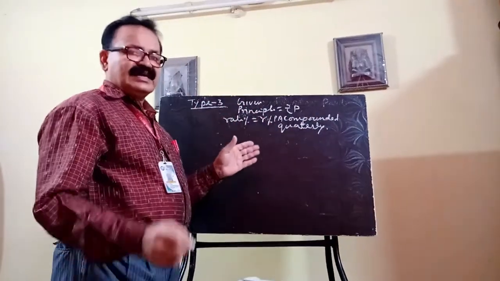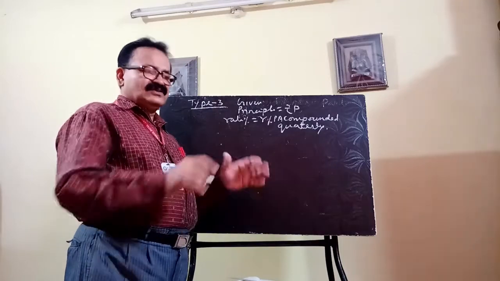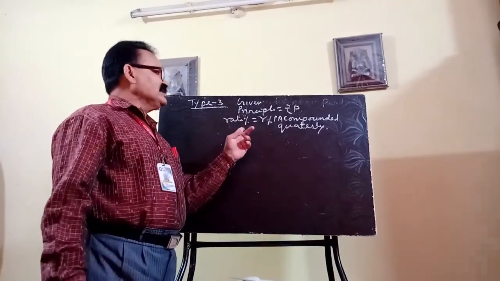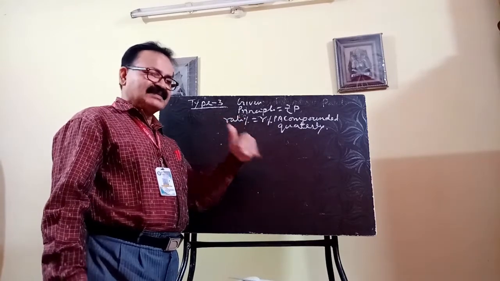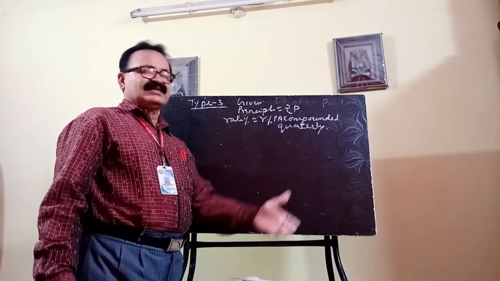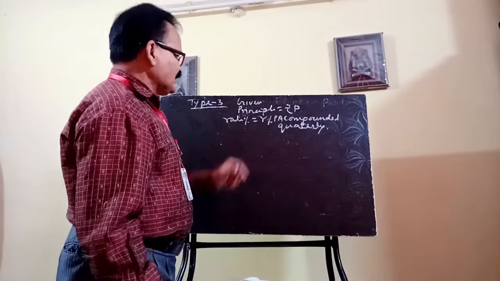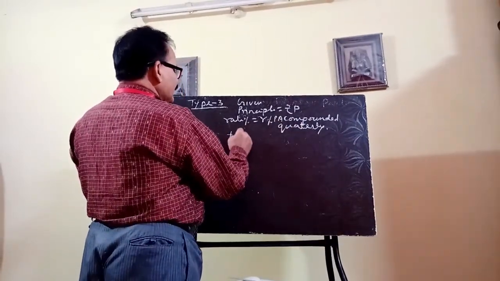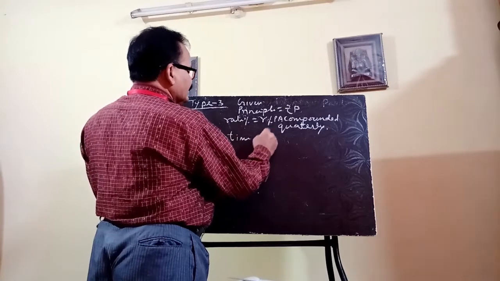Quarterly means after every 3 months. Total year is to be divided into 4 equal parts. That means interest is to be calculated after every consecutive 3 months. So rate percent is R percent compounded quarterly. Time is your T years.